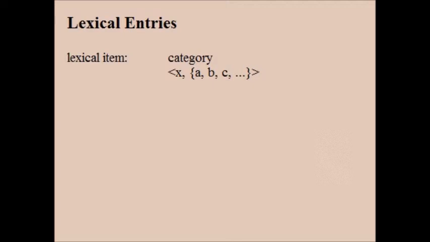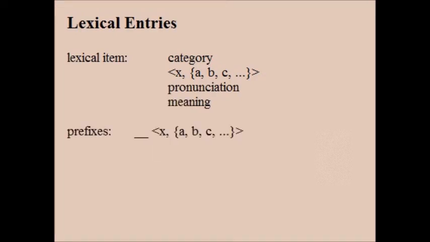In the ordered set X{A, B, C}, X indicates the category that the lexical item attaches to, and the set A, B, C, etc., lists those particular bases the affix attaches to when the lexical item in question is not fully productive. The third line gives details on the pronunciation. The fourth line contains the meaning of the lexical item.